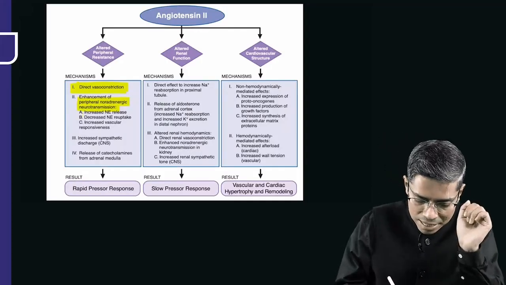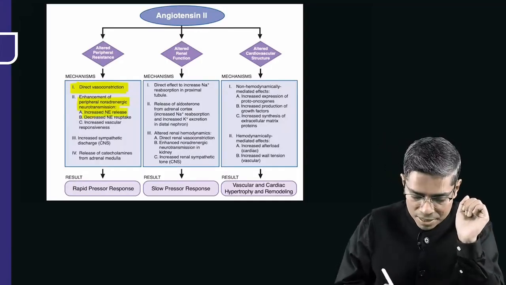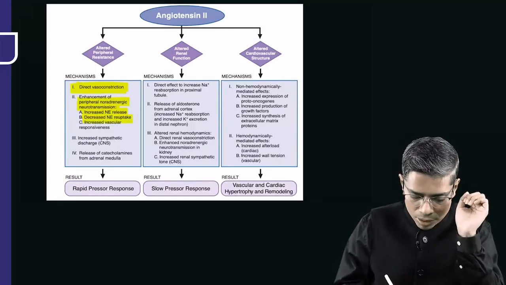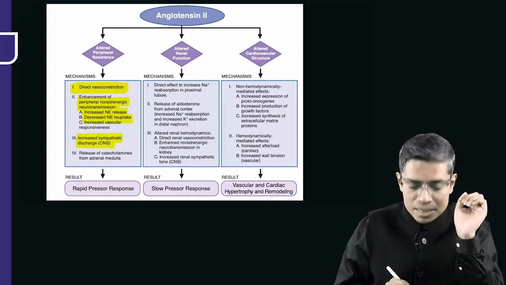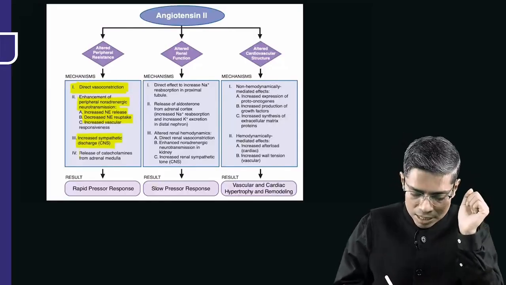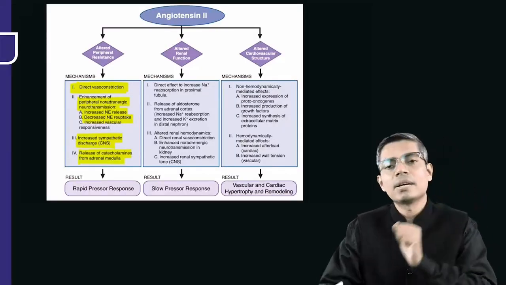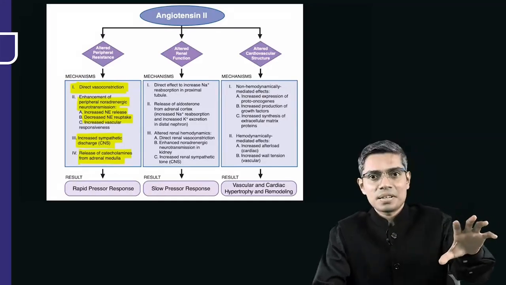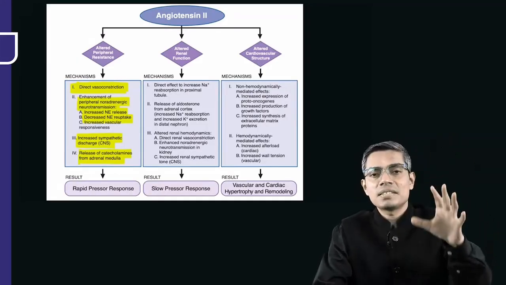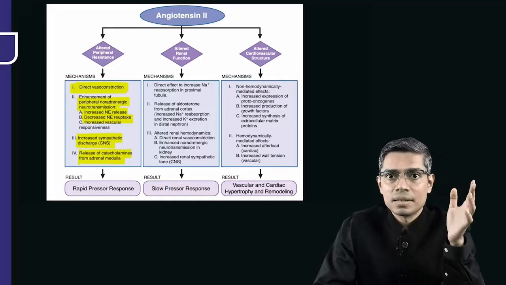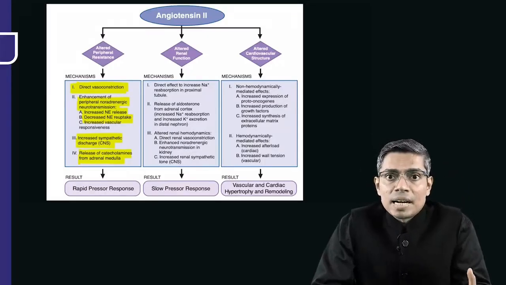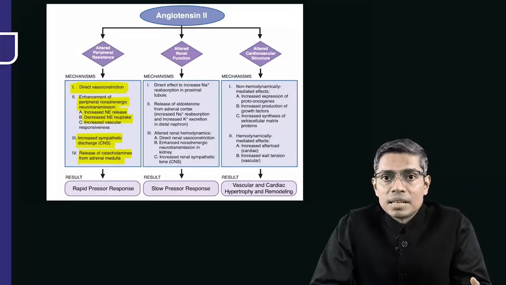That means it increases norepinephrine release and decreases norepinephrine uptake. Not only that, it also causes increased sympathetic discharge from the CNS, and it also causes release of catecholamines from the adrenal medulla. So not only the vasoconstrictor effect, it is stimulating the sympathetic system directly from the CNS. It is releasing epinephrine and norepinephrine from the adrenal medulla. All of these are done by angiotensin II.